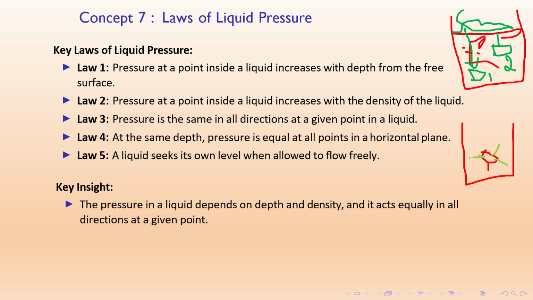And the fourth law: at the same depth, pressure is equal at all points in the horizontal plane. So what is the meaning? You can observe that if you take this as one depth, at this point the pressure will be the same, at this point also the same, and at this point also the same, irrespective of the container's shape or the edges of the surface.